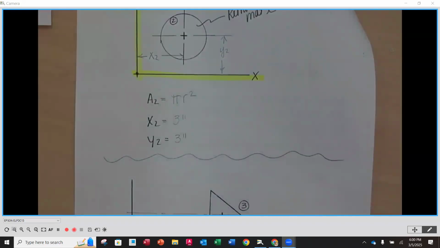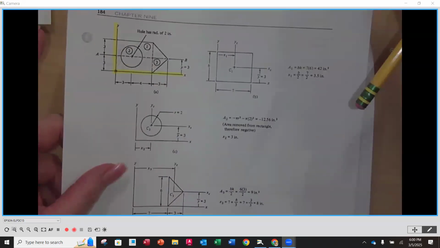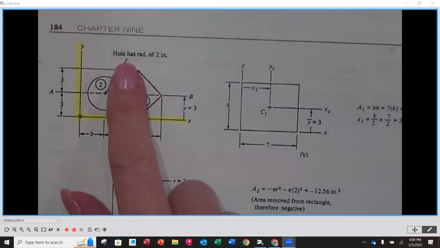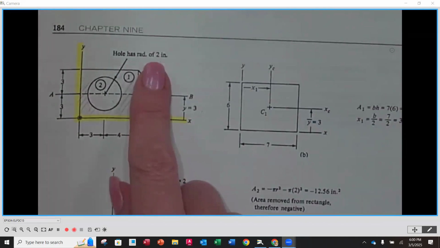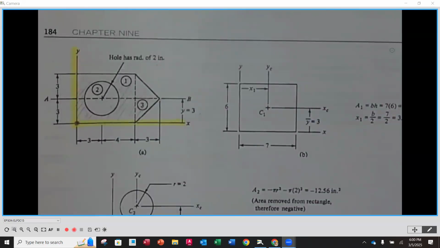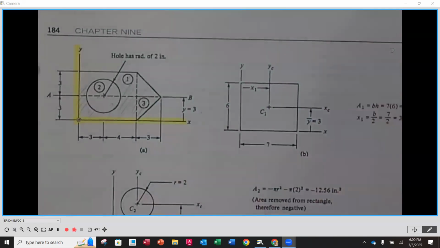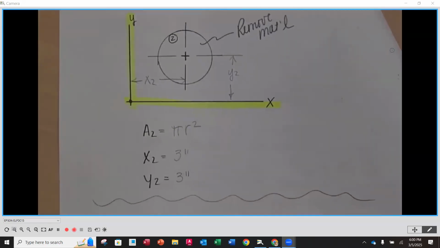Now, if we look back at the figure, you're going to notice that the hole has a radius of 2 inches. Since we're given the radius, we might as well use the pi r squared equation. If we were given a diameter, we could use the other one, but usually we can divide by 2 pretty efficiently. So we are going to use the 2 inches.